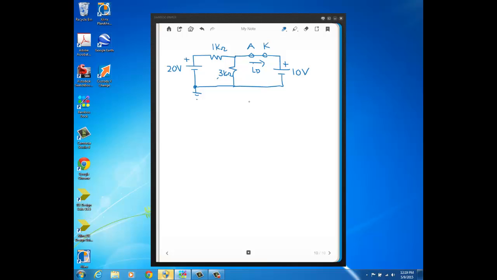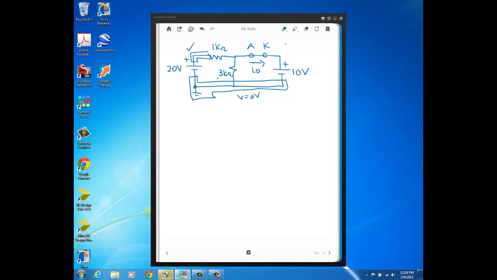Instead of that method, I'm going to just look at the nodes and do a nodal analysis. This is our ground node where voltage is defined to be 0. And this node here has the 20 volt source connected to it. Since all that's connected between these two nodes is that voltage source, we know there's 20 volts at this node with respect to ground.